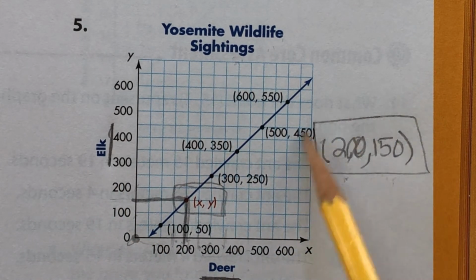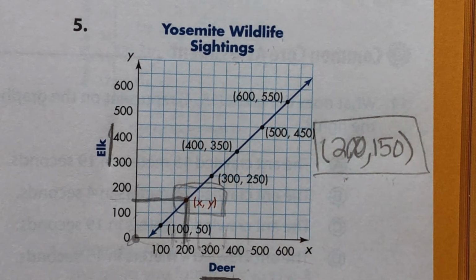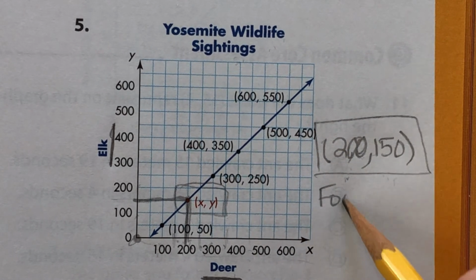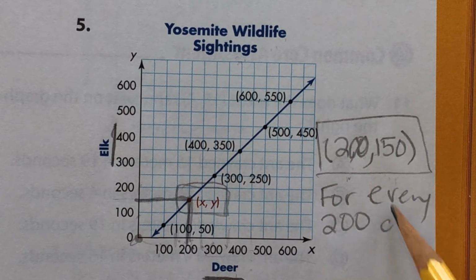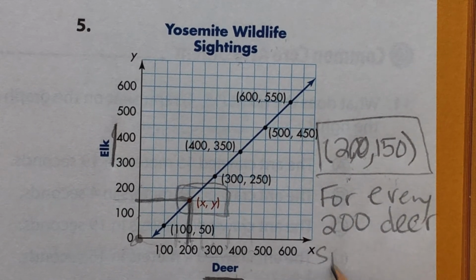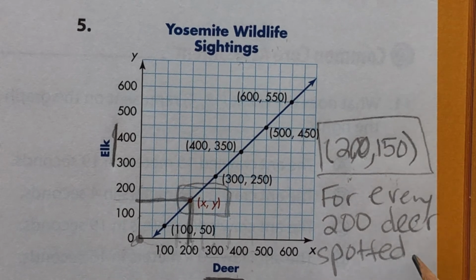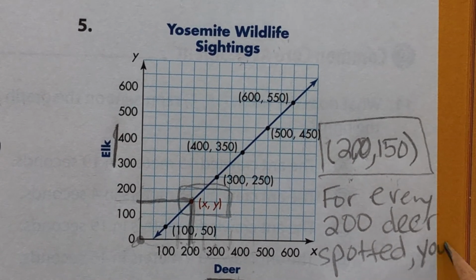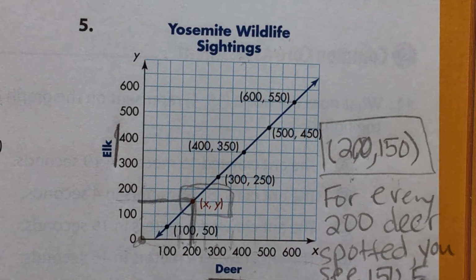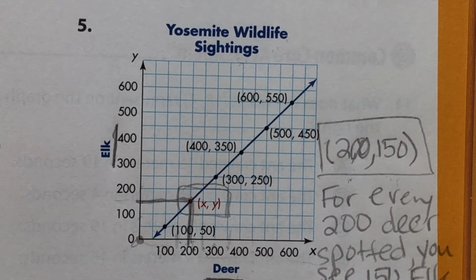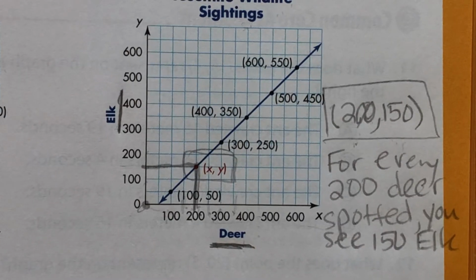So my guess is that for every 200 deer spotted or seen, you see 150 elk. And that's what my guess would be, something around there.